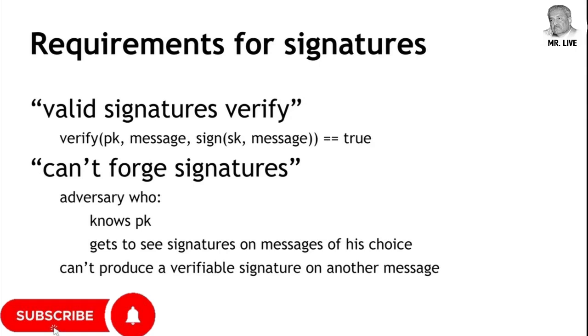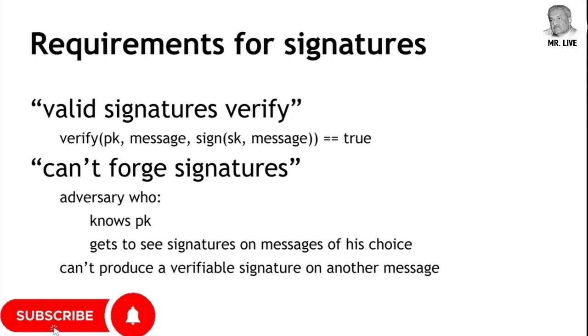So this says that signatures are useful at all. But then the second thing you want is that it's impossible to forge signatures. That is, an adversary who knows your public key, who knows your verification key, and gets to see signatures on some other messages, can't forge your signature on some message that he wants to forge it on.